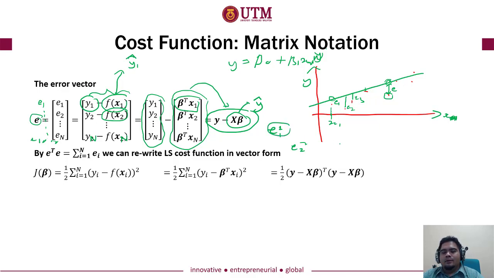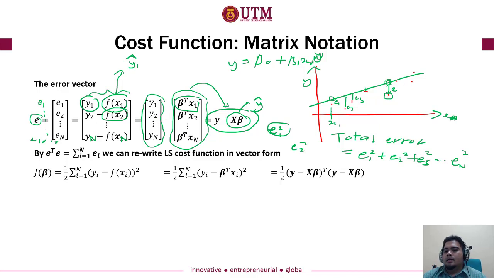So to measure the total error, I just write like this: total errors is equal to E1 square plus E2 square plus E3 square until EN square.